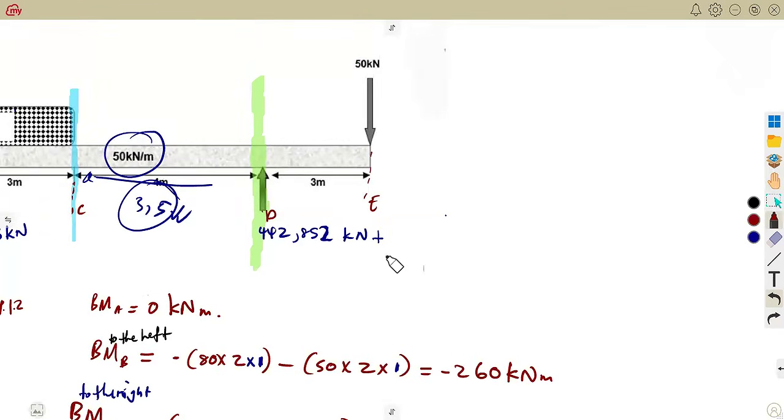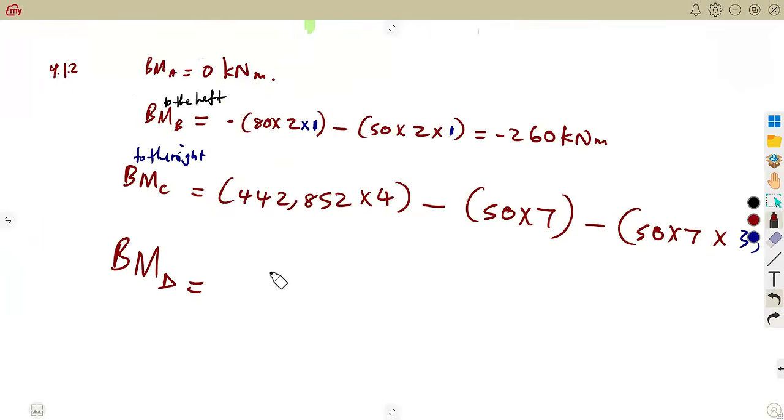So we do not have anything with a positive. Remember, D is not included. That is where we are referring to. So we are going to talk about this 50. It's a negative. Back to D, it is covering what? 3 meters. So that's a negative there. So that's negative 50 times 3.